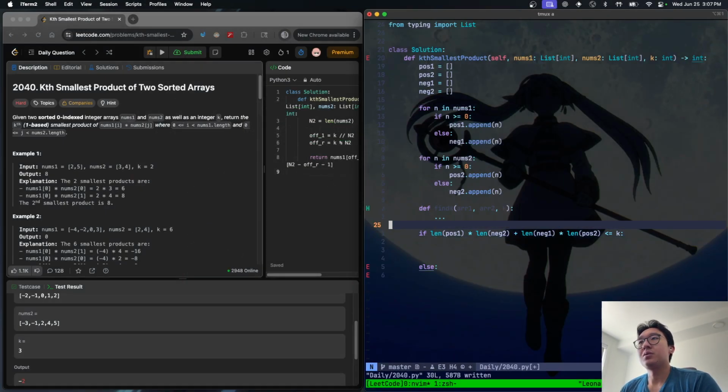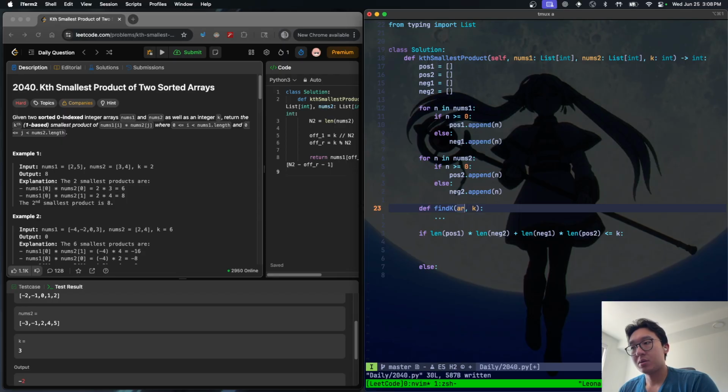Okay, so we need r1 for pos1, r for neg2, r for pos2. Actually, we're going to multiply r1 with r2. So r1 is looking at r0, r1, r2, r3.